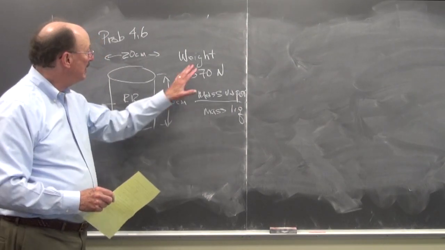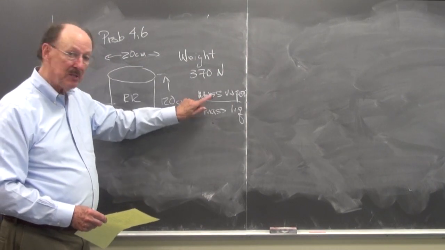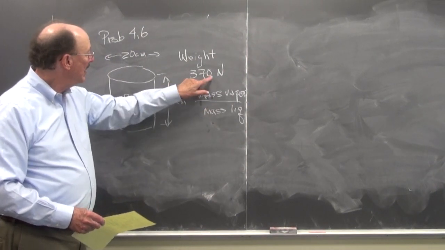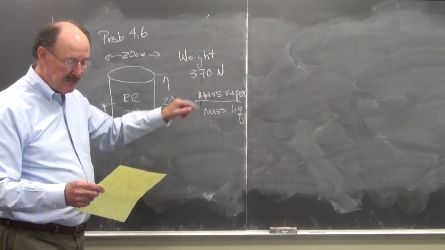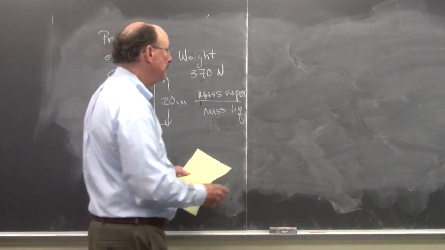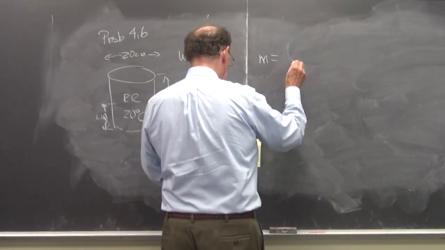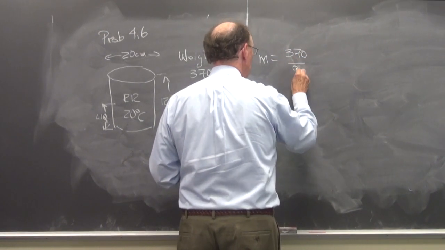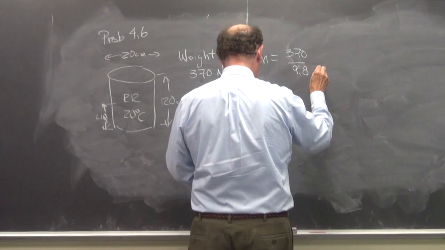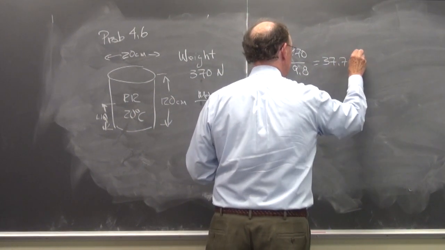And so with this, there are a couple of things. This isn't the quality, because that is just the ratio of the vapor to the mass, so a different thing. And this is the weight, so that isn't mass, that's force. So now we have to find the mass. The mass is equal to the weight, 370, divided by 9.8, which is 37.75 kilograms.